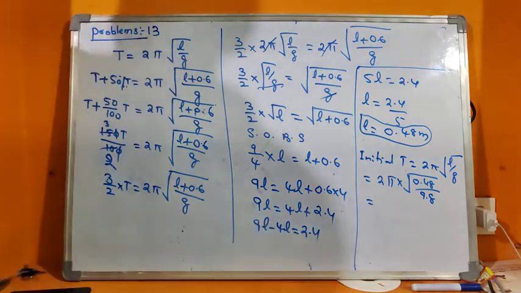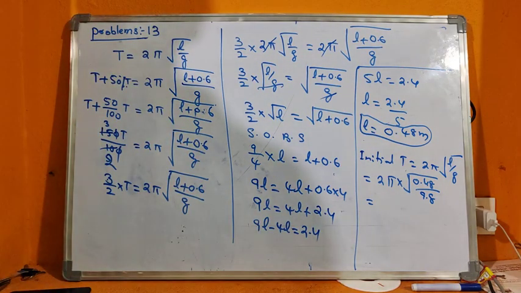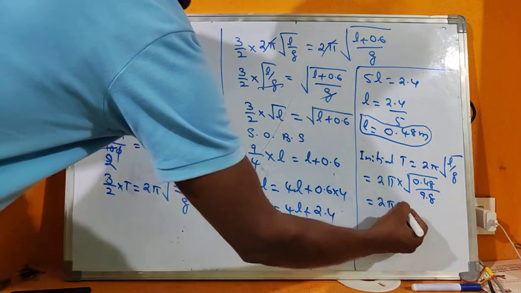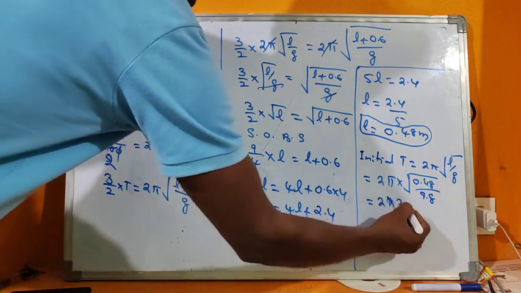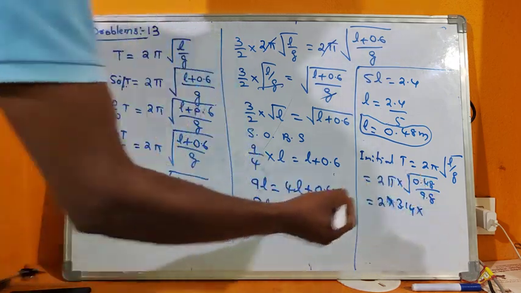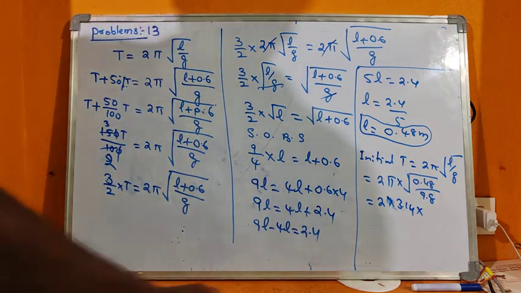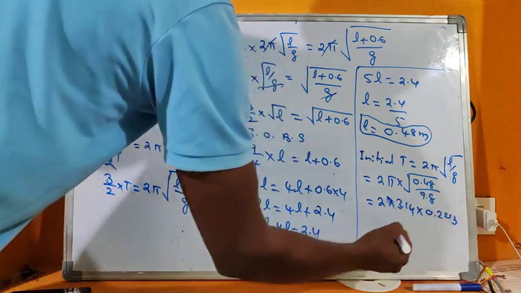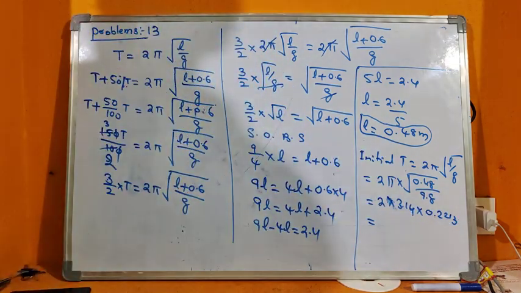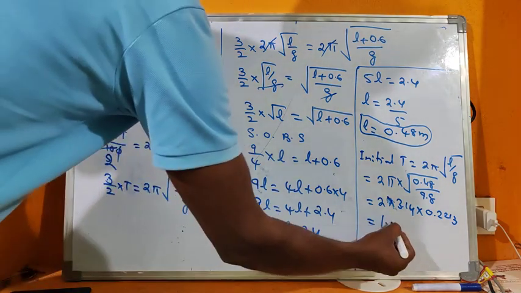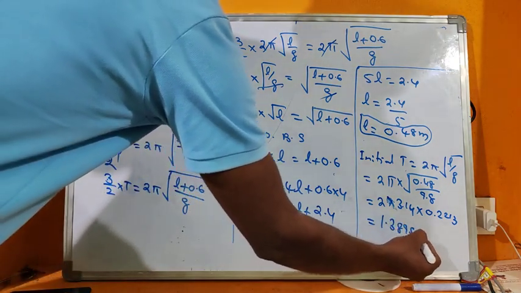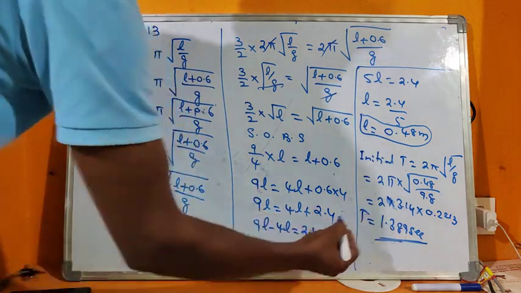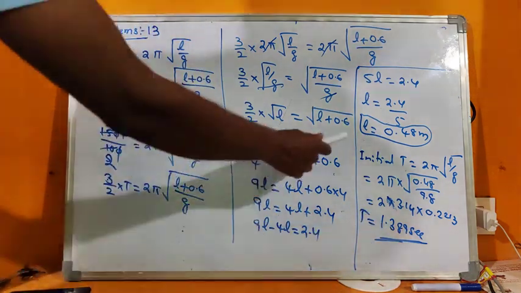After solving, 2 into 3.14 into 0.2213 for this root, and totally we get 1.389 seconds. This is our initial time period, and this is the initial length.